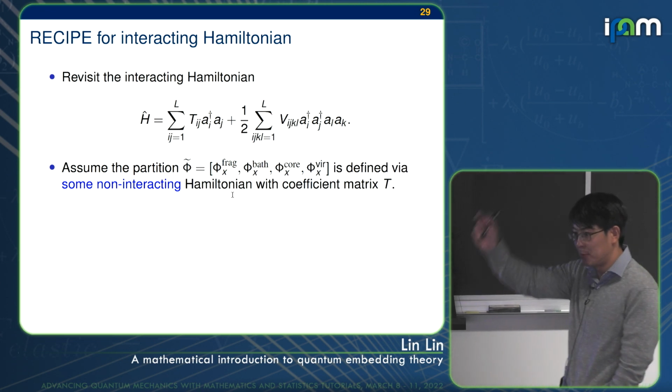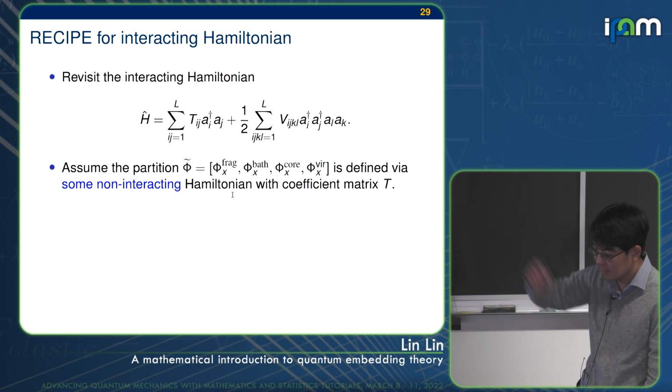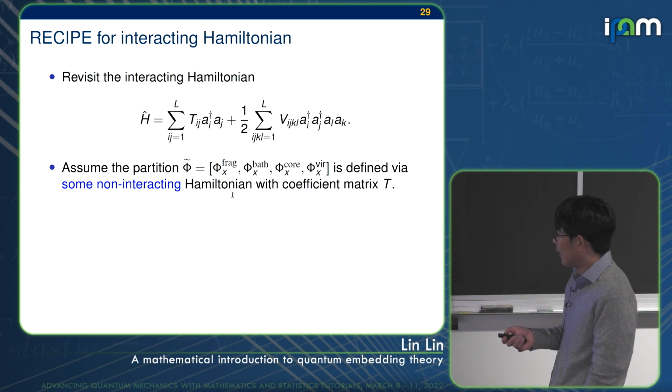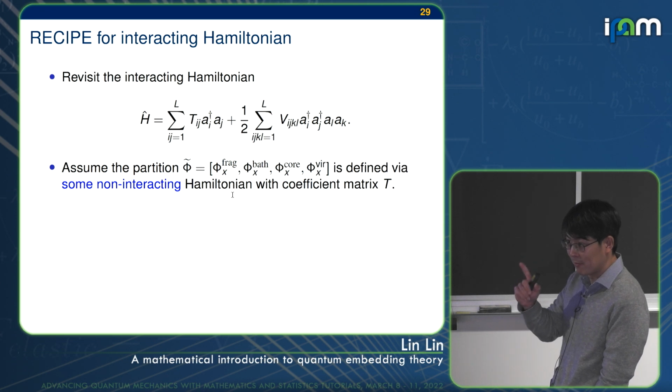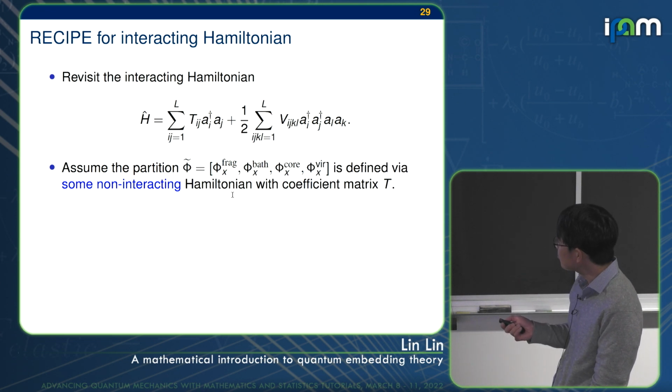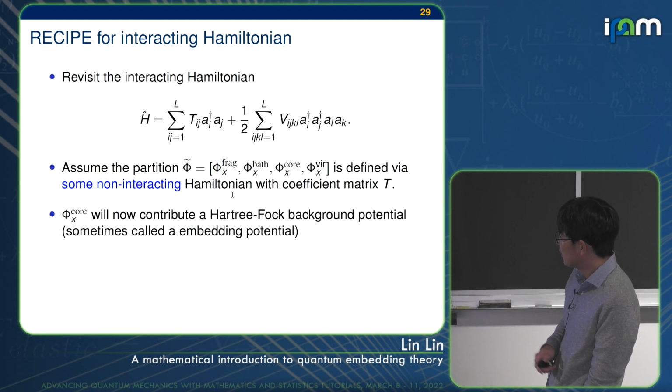I will move this impurity from one to the other; remember, there are a few of them. For one fixed impurity, I will define this partition via some non-interacting Hamiltonian, which is to be defined. How do I pick that?